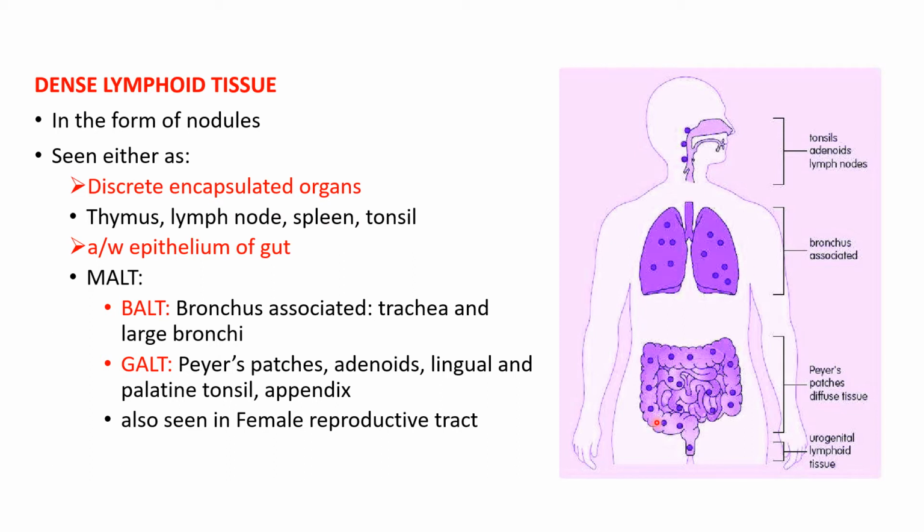Some of the mucosa-associated lymphoid tissue is also seen in association with the female reproductive tract, where the mucosa is exposed to the external environment.